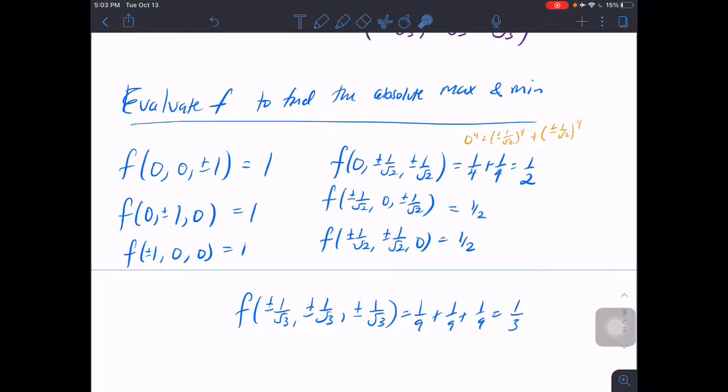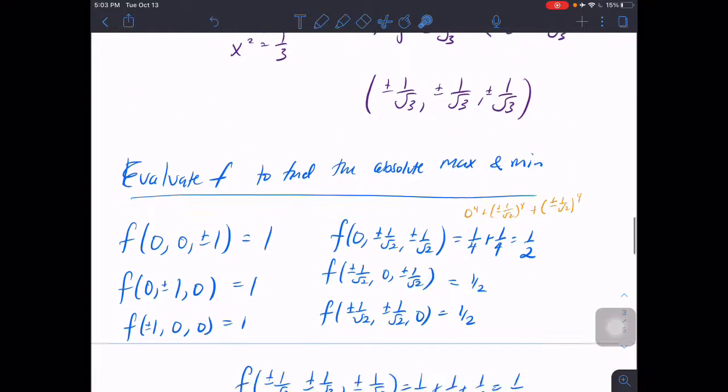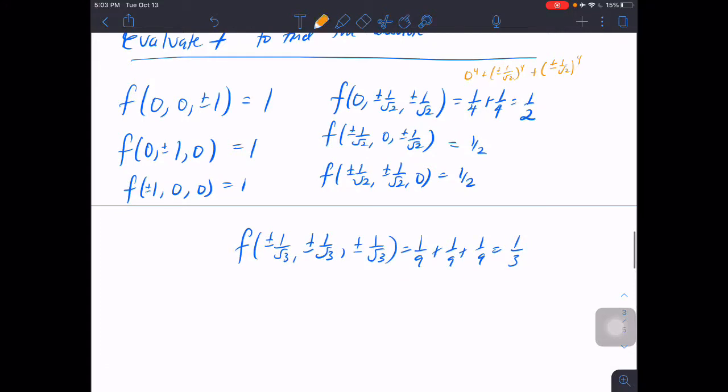Okay, now when you plug in these points that you found, you're going to be raising plus or minus 1 over root 3 to the 4th power, which means if you square it, you get 1/3, but then you got to square it again, which will be 1/9. So then you're going to add 1/9 plus 1/9 plus 1/9. And so then you get 3/9, which is 1/3.